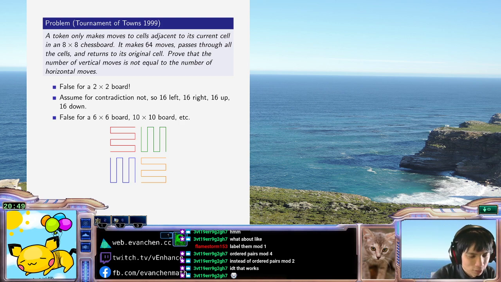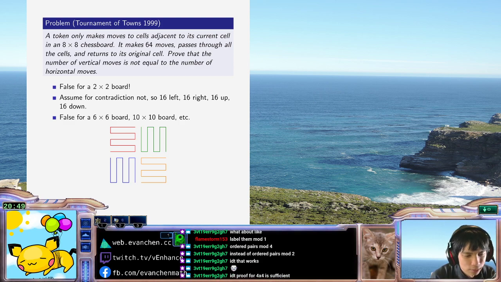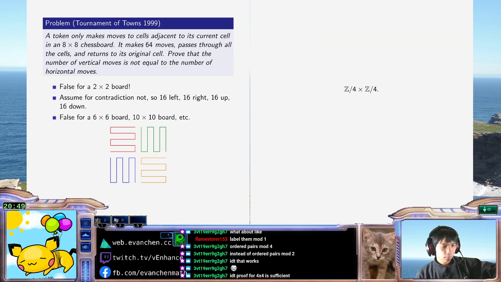What happens if I look at Z mod 4 cross Z mod 4? Yeah, there's some wraparound issues. However, in an 8x8 case or something, here's a question.